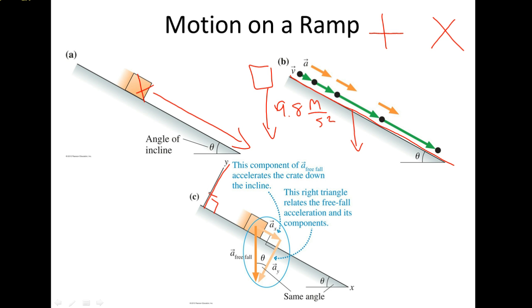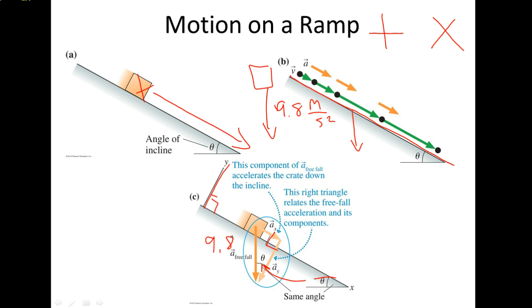But I've got the gravitational acceleration now going down at some angle, and because of a little bit of geometry, the angle between the gravitational acceleration and the x-axis is actually going to be the same angle of the hill, and that's going to make things really nice for us. We can also see that when I start looking at this triangle, I've got this nice right angle up here, and the free fall acceleration, which I do know a value for, is now acting as my hypotenuse.